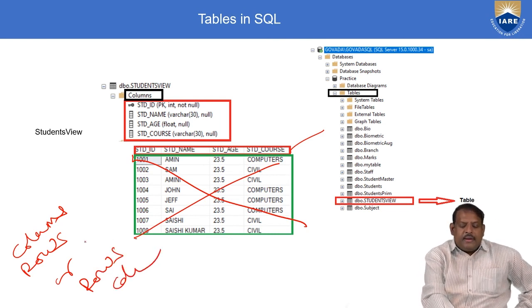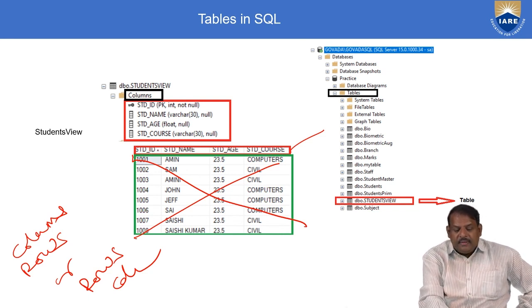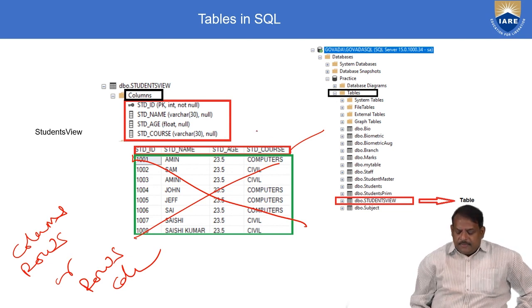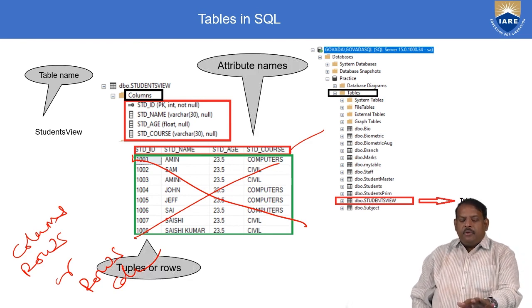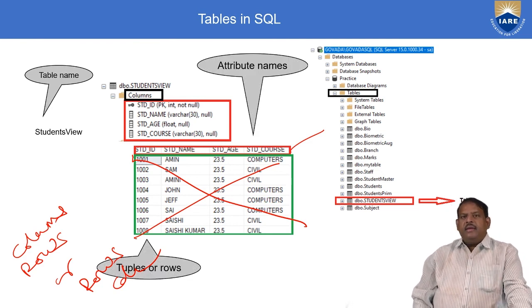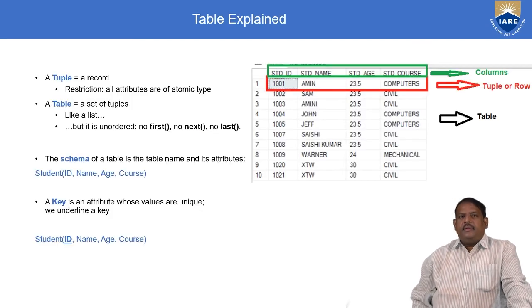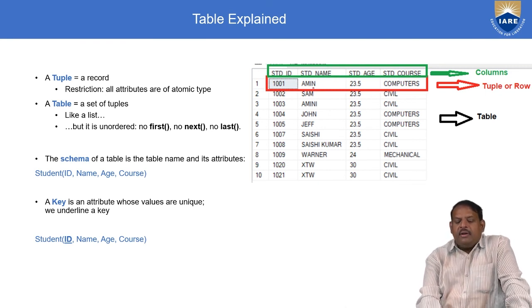The items in red are the columns: std_id, name, age, and course. The items in green are the rows. The table name is student view. Attribute names are std_id, name, and so on. So what is a tuple? A tuple is a record. For example, 101, 23.5, computers is a tuple or a row.